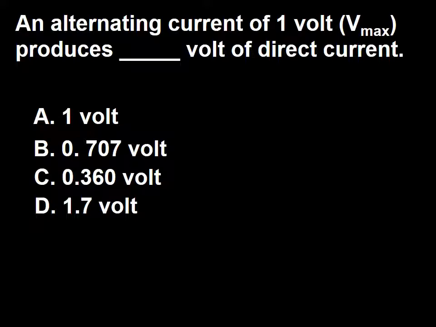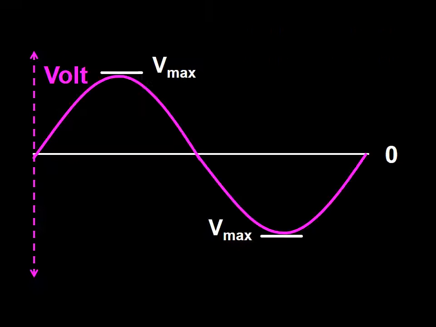Next question. An alternating current of 1 volt Vmax produces dash volt of direct current. A 1 volt, B 0.707 volt, C 0.36 volt, D 1.7 volt. The maximum voltage of a sine wave is determined by the voltage that separates the most from the 0 line.